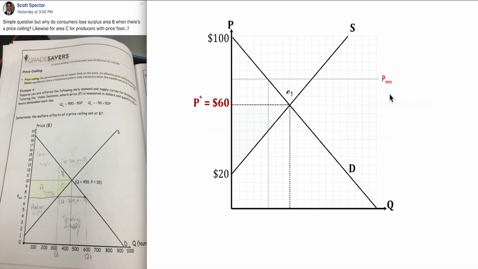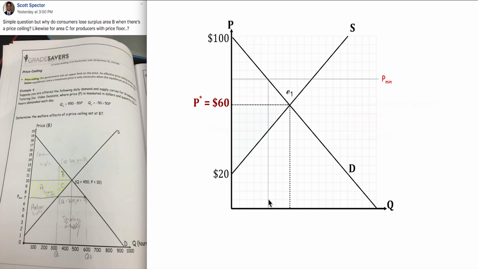Once again, to explain how producer surplus is changing, I'd recommend setting up a market diagram and showing your minimum price. Your minimum price, or a price floor, is going to appear above the equilibrium. And notice what it's doing to the equilibrium in the market. We're essentially raising the price and we are lowering the quantity.